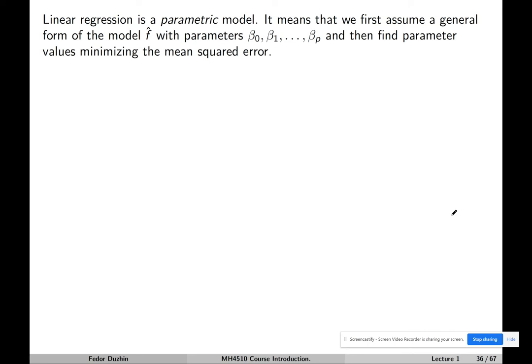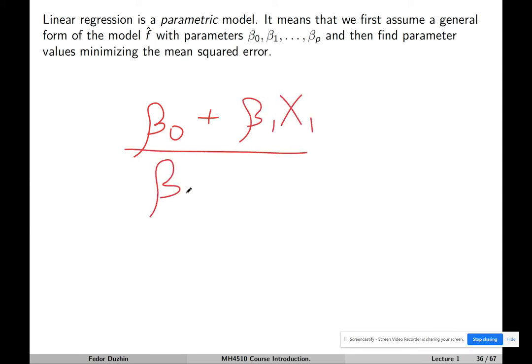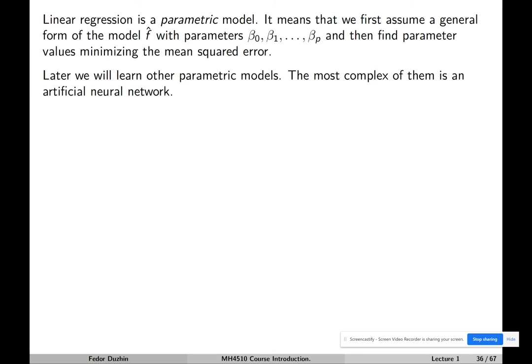Maybe we could write something like beta 0 plus beta 1 x 1 divided by beta 2 plus beta 3 x 2 times x 3 to the power beta 4, something like this. Anything of this form would be a parametric model. We first assume the general form of the model, and then we find values of parameters to minimize the error.